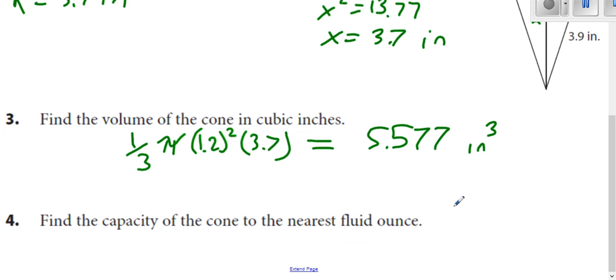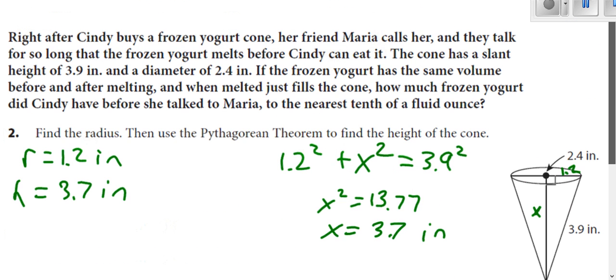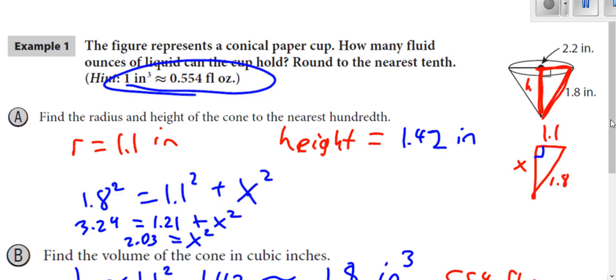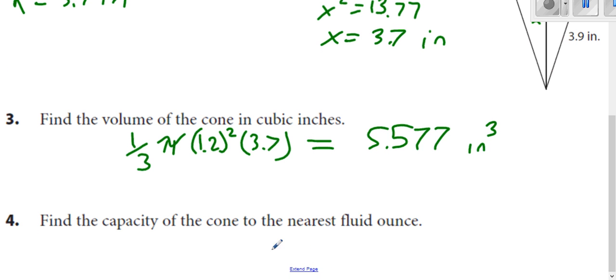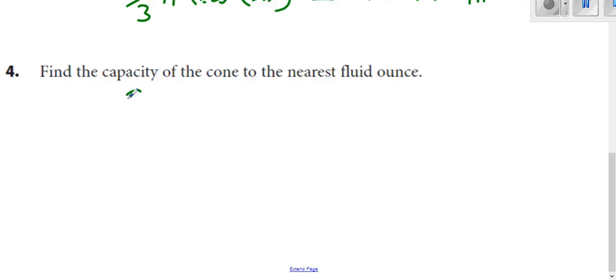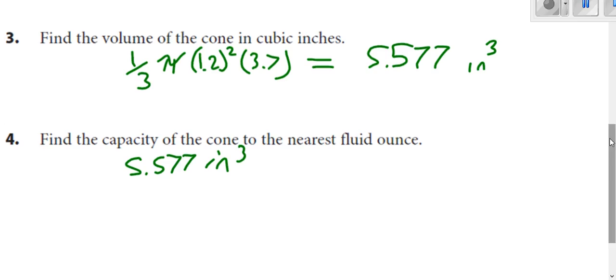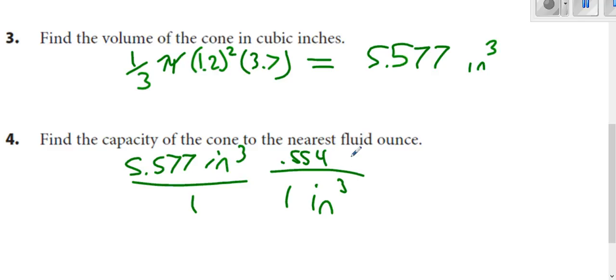And then find the capacity of the cone to the nearest fluid ounce. We're going to have to go back and get that conversion from that last problem. 1 cubic inch is 0.554 fluid ounces. So if we have 5.577 cubic inches over 1 cubic inch is 0.554 fluid ounces.